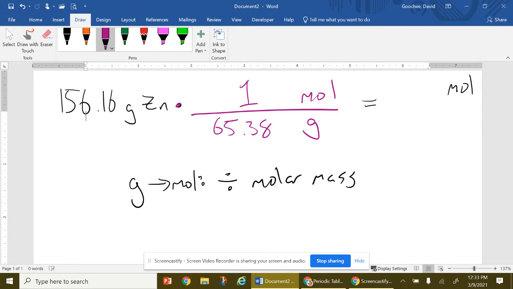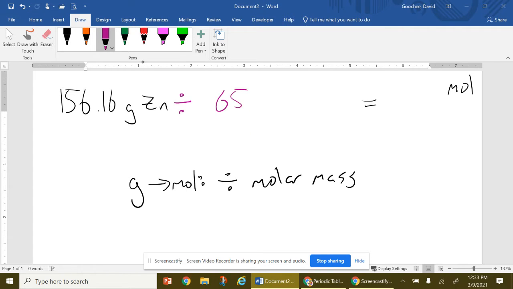It ends up the same. You are going to be taking the grams and dividing it by the molar mass. So if you want to do it the dimensional analysis way, or just straight up division, you'll get the right answer.